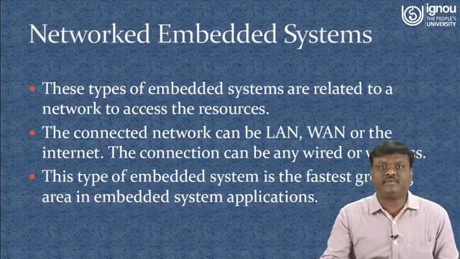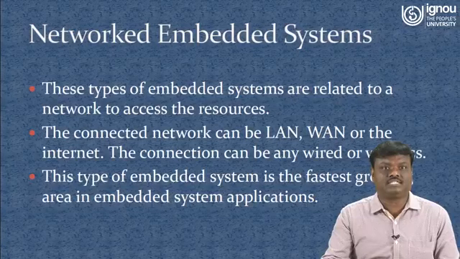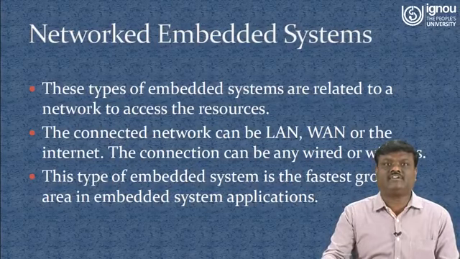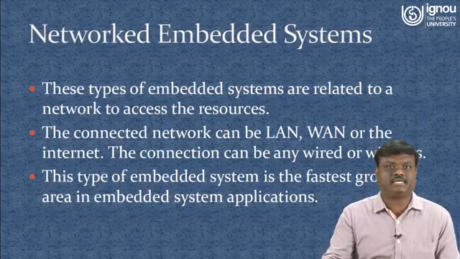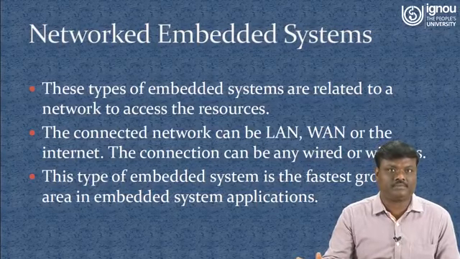The third category is the network embedded systems. These types of embedded systems are related to a network to access resources. The connection network can be a LAN, WAN or the internet, and the connection can be wired or wireless. Whenever we talk about network embedded systems, the example that strikes immediately is the wireless router.